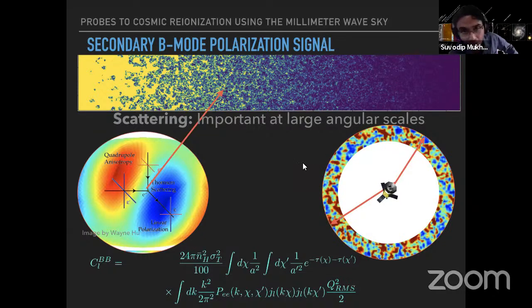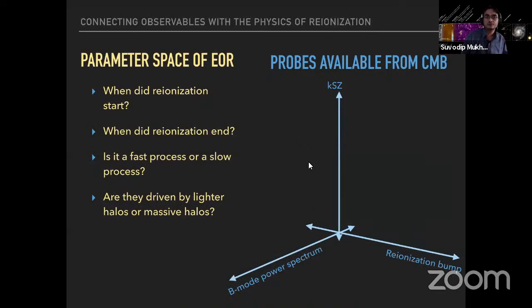So let's see now how these probes are going to be useful to learn about the questions which I initially showed to you. Let's say that I have these questions which relate to the parameter space of the epoch of reionization. And on the other side, I have the probes which are available to me from CMB. We have the kSZ signal, the B mode power spectrum, and the reionization bump.